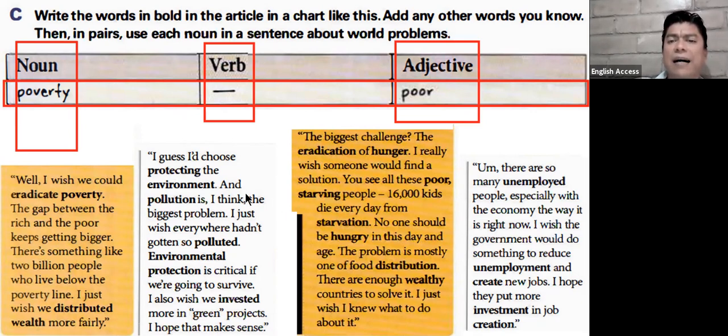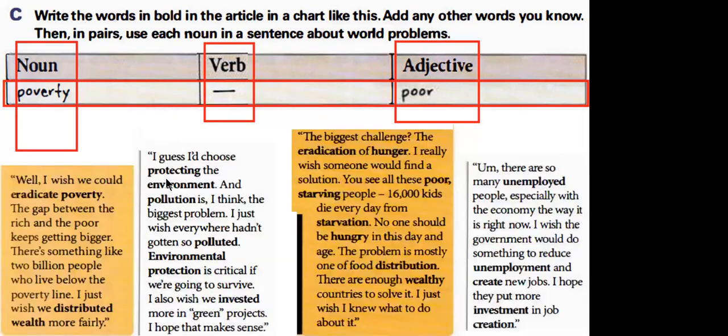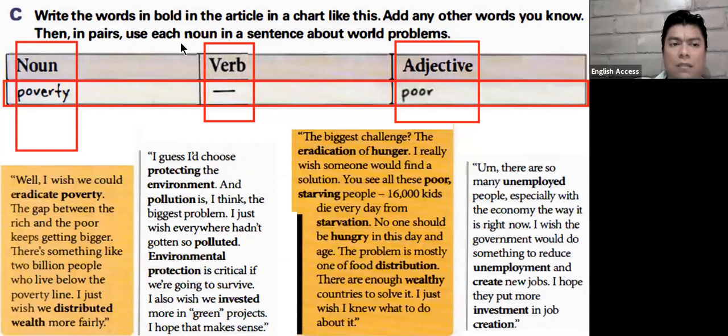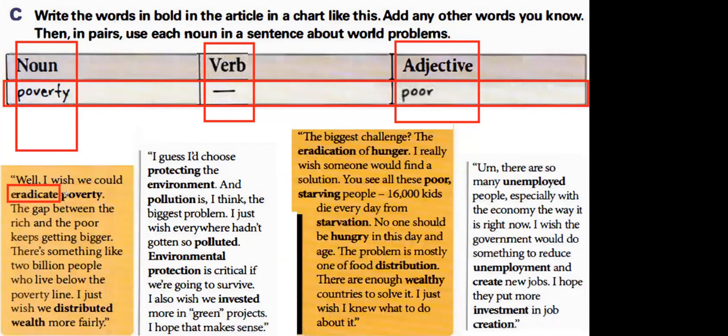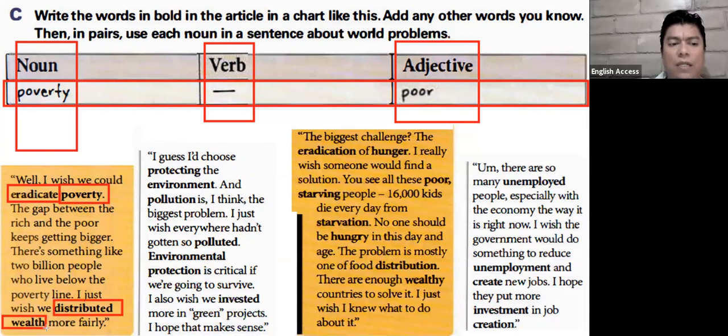Now, what words are in bold in the article? We have protection, eradicate, eradication, poverty, distributed, wealth, and so forth. All of these are in bold.